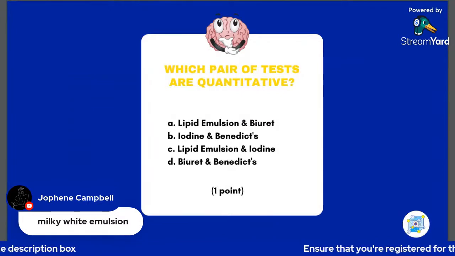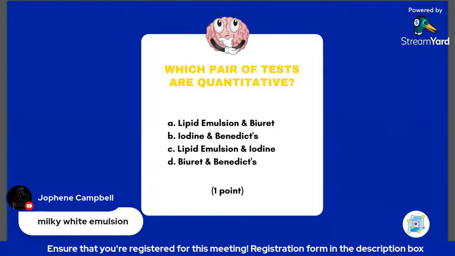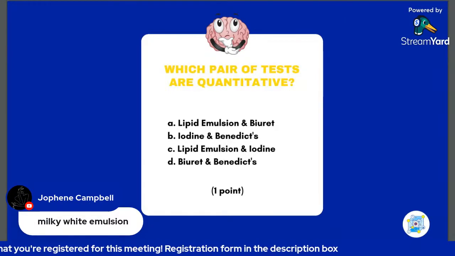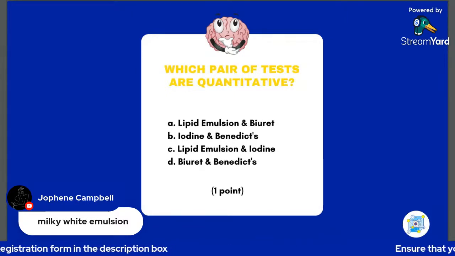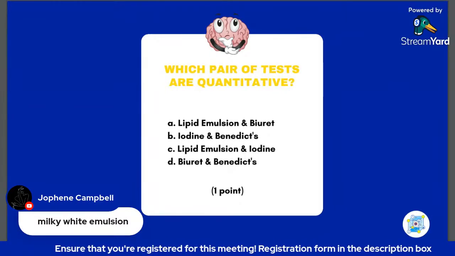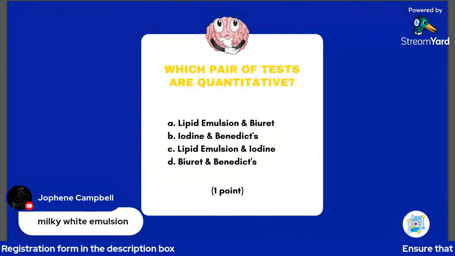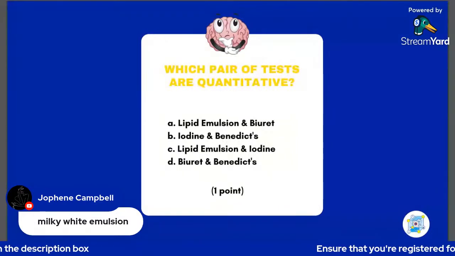This asks which pair of tests are quantitative? Is it the lipid emulsion and Biuret, iodine and Benedict, lipid emulsion and iodine, or Biuret and Benedict? Which pair of tests are quantitative?